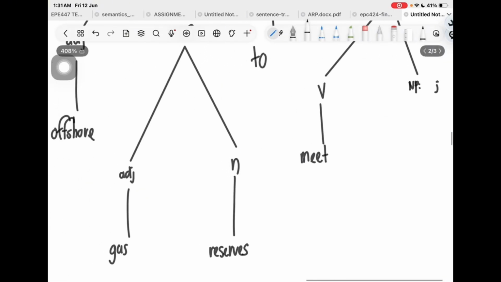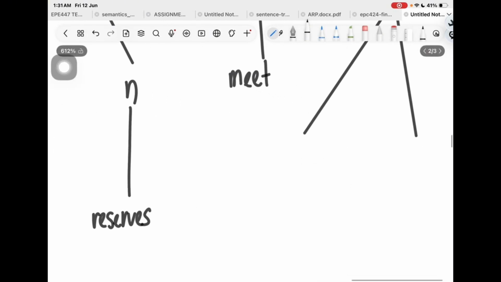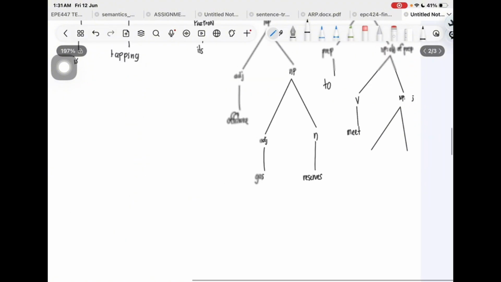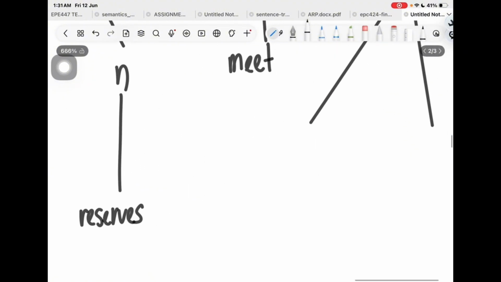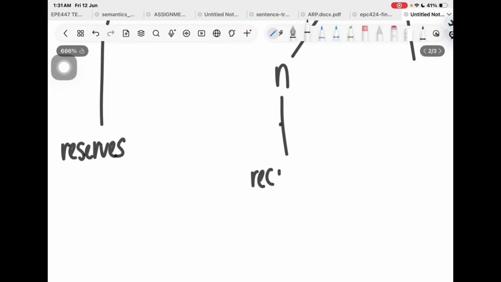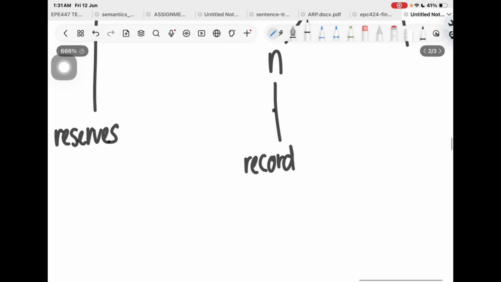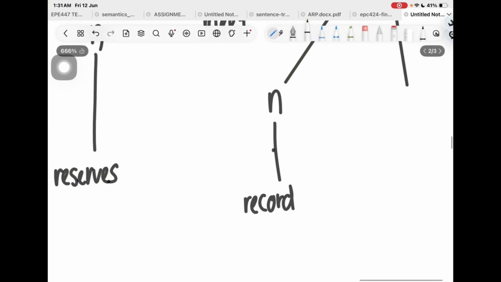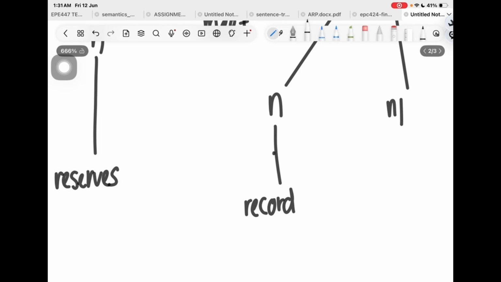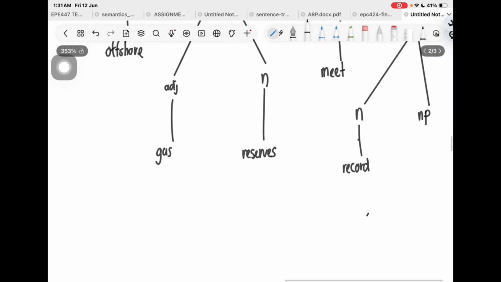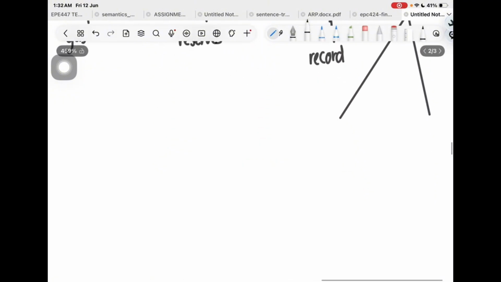So we're going to have two more branches, and right here we're going to have the word record, which is noun, and then here we're going to have another noun phrase, and then another two branches, and the first one is going to be adjective, and the last one is going to be noun.